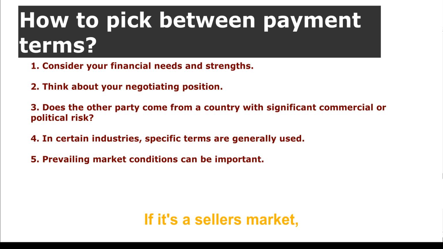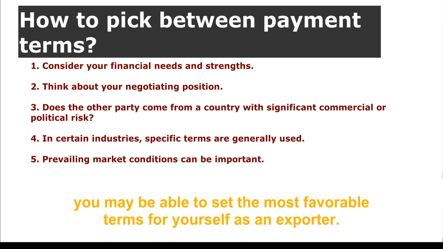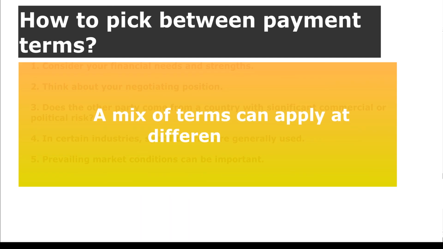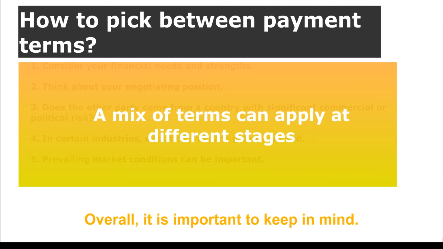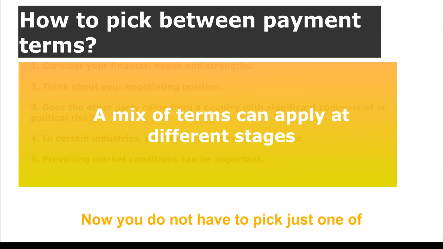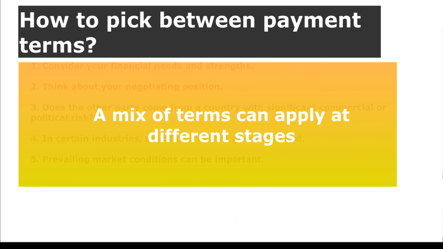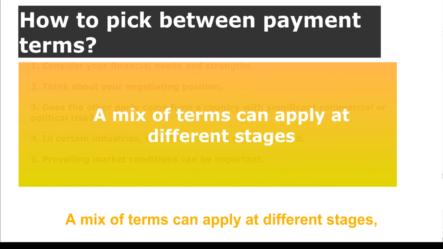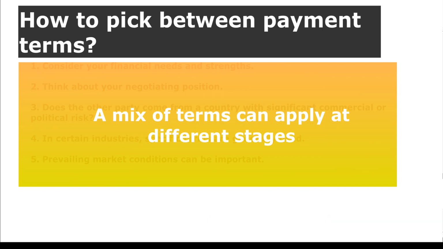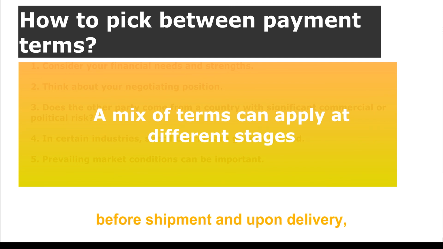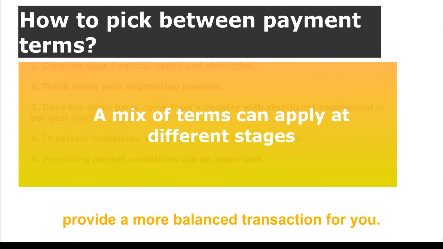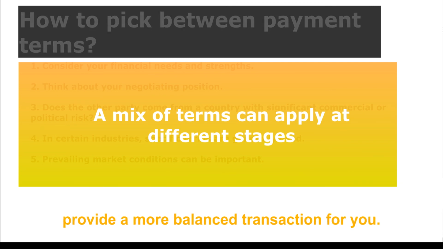If it's a seller's market, you may be able to set the most favorable terms for yourself as an exporter. Overall, it is important to keep in mind that you do not have to pick just one of these terms for your entire transaction. A mix of terms can apply at different stages, such as before production, before shipment, and upon delivery. Consider how a mix of these terms can provide a more balanced transaction for you.